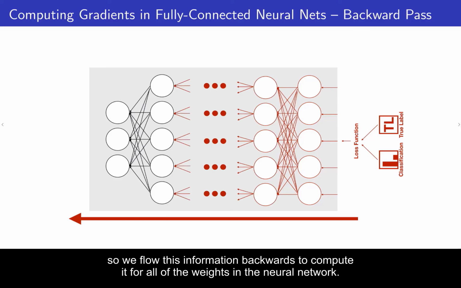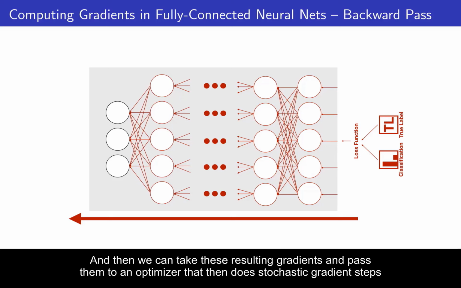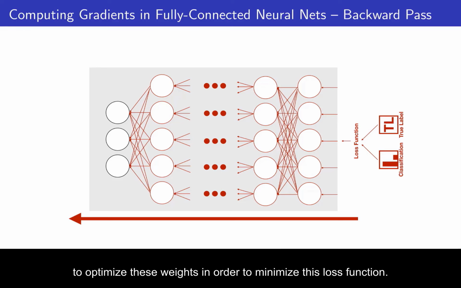So we flow this information backwards to compute it for all of the weights in the neural network. And then we can take these resulting gradients and pass them to an optimizer that then does stochastic gradient steps to optimize these weights in order to minimize this loss function.